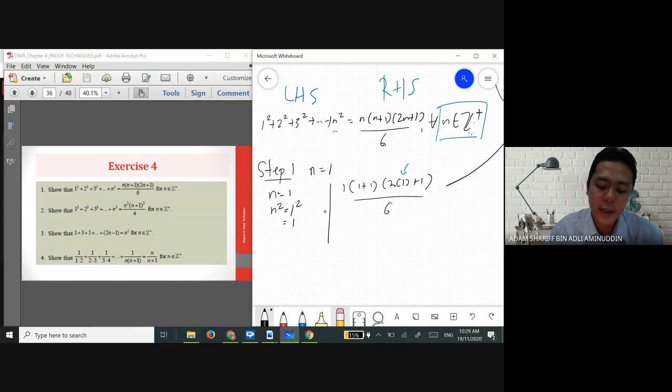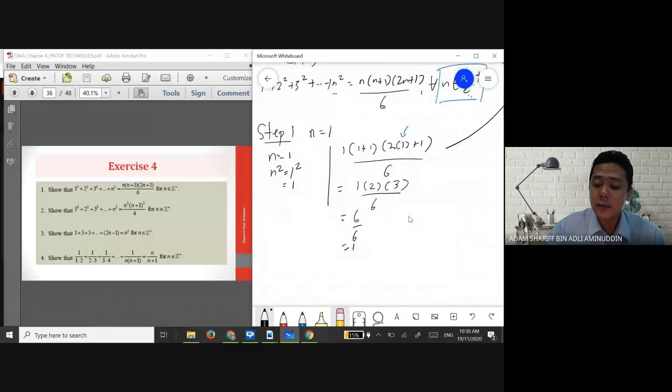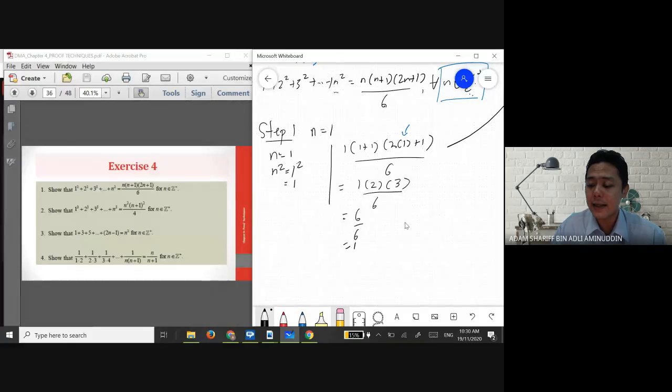Sebab ada student yang tak letak bracket, dia akan kira salah je kat situ. Okay. So, berapakah dia? 2, 3 per 6 equals to 6 over 6 becomes 1. So, for the case of n equals to 1, or the first n element, n naught, the left hand side equals to right hand side for n naught equals to 1.